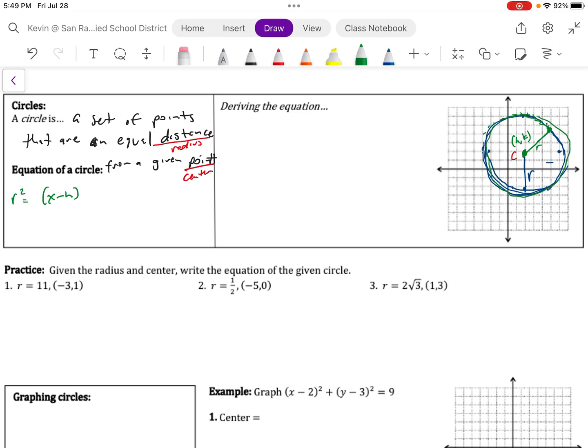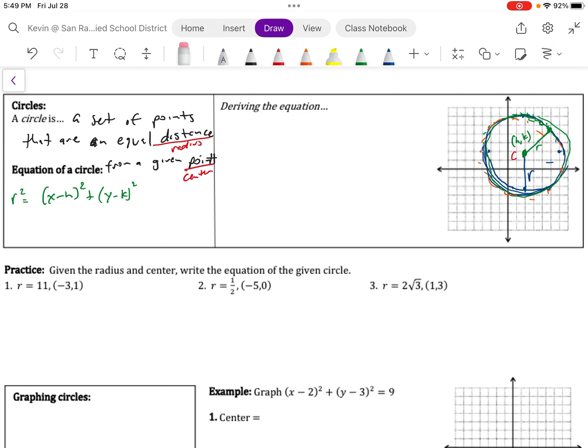The x value of that minus the x value of the center, squared, plus whatever point you pick around here, it has an x and y value, so y minus k, which is the y value of the center, squared. Oops, I put an equal sign there.